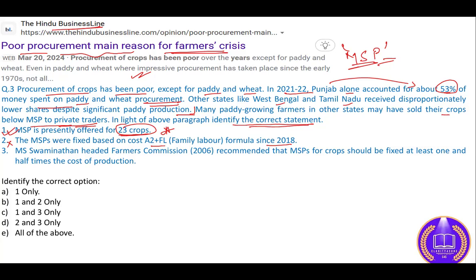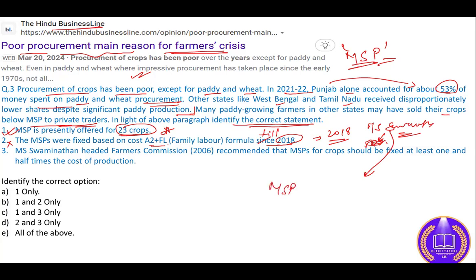MSP was fixed based on the A2 plus FL formula till 2018. After 2018, it was based on the formula of the MS Swaminathan recommendation. What has MS Swaminathan recommended?